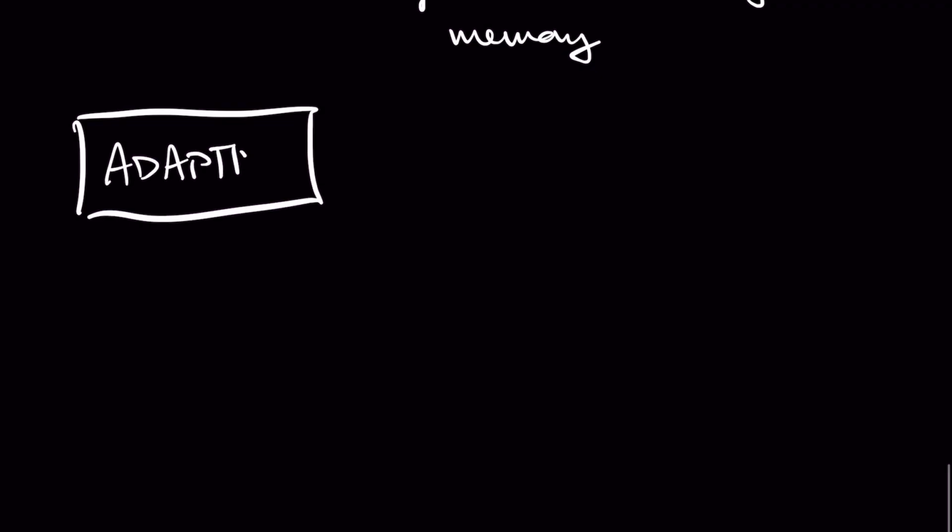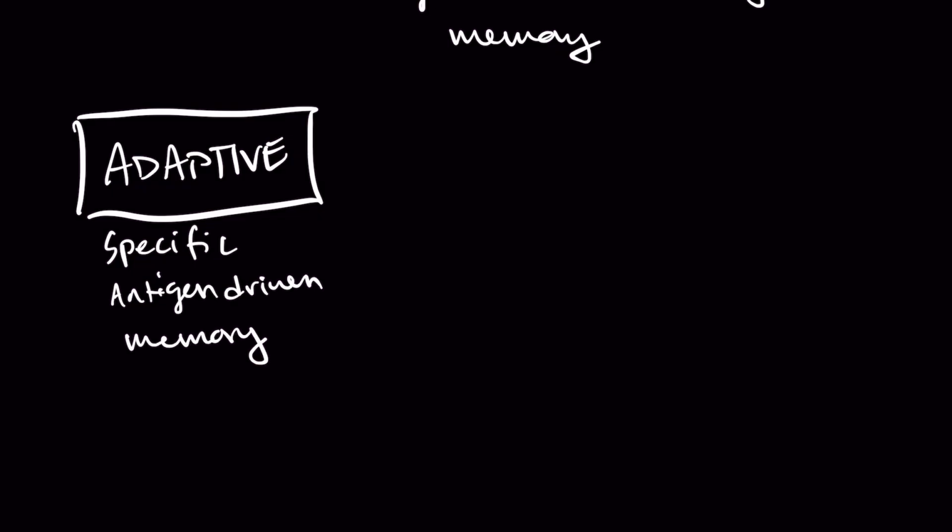We have things to remember when you think about the adaptive immune system. Hopefully words that come to mind are specific, antigen-driven, memory. These are the words that help me remember what it does. In terms of characteristics: it is slow to start, which explains the difference between IgM and IgG, although IgM is also adaptive.